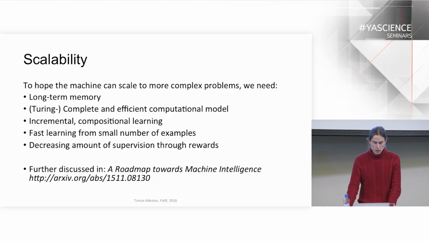In general, we would like to see the computation model the intelligent machine is based on have the capability to form long-term memory, which, as I said before, recurrent networks do not really have in a strict sense. Also, the model should be complete in the Turing complete sense. That is, there should be a finite length description of any regularity in the data. People can definitely deal with this. Human languages are Turing complete.